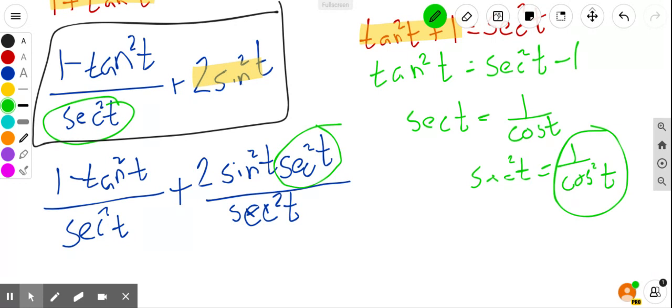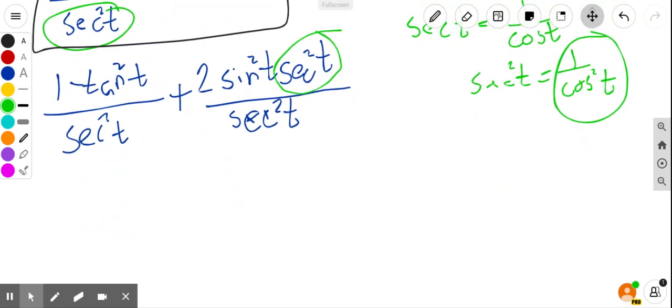All right. So again, I saw something, so I'm going to run with it, and I was able to think about making like terms in the numerator.